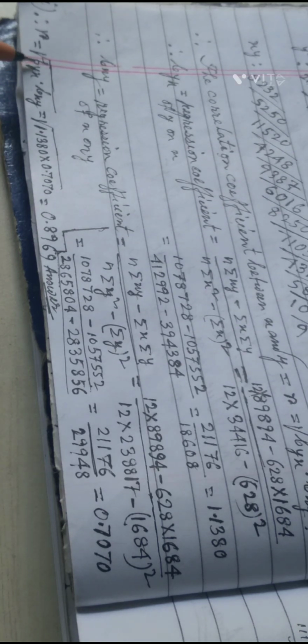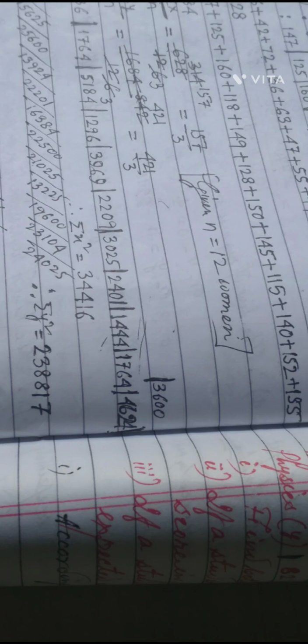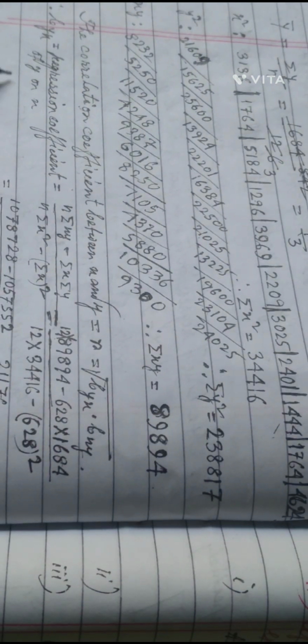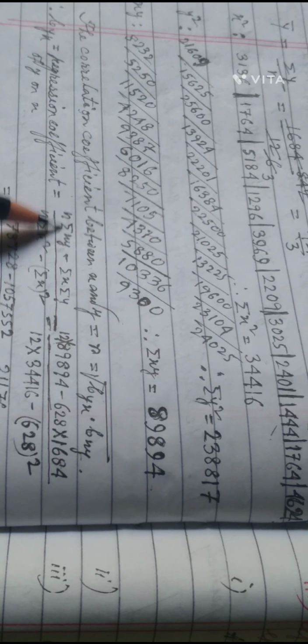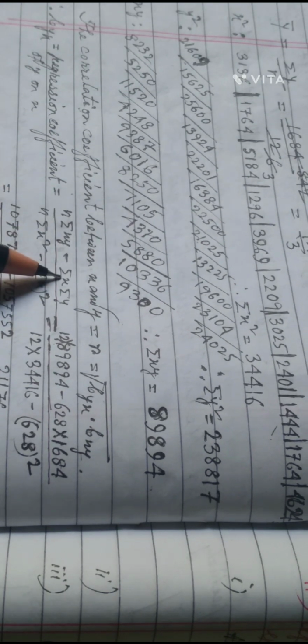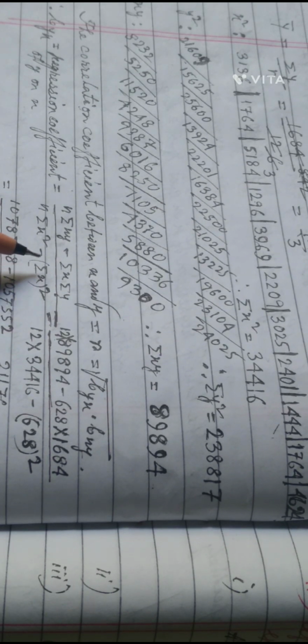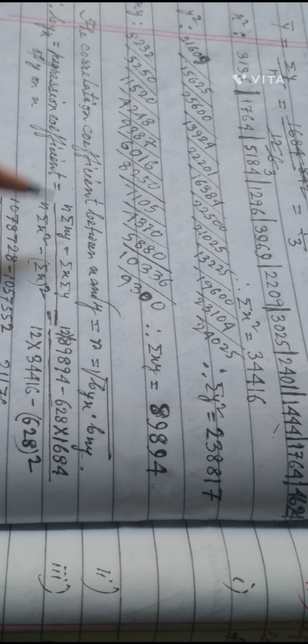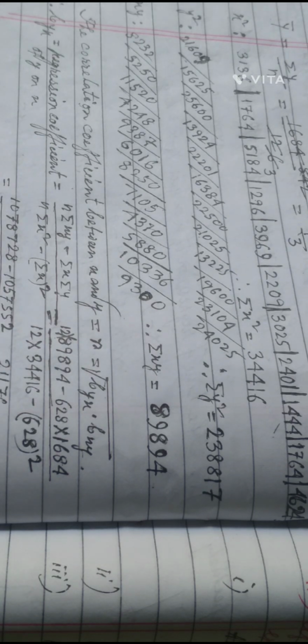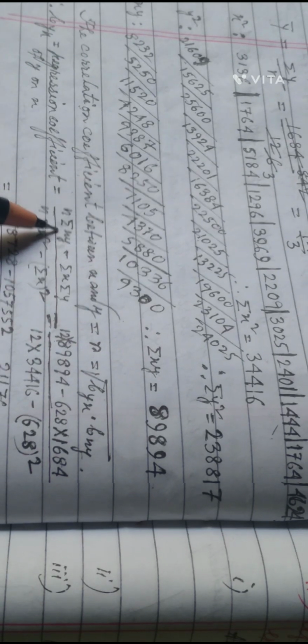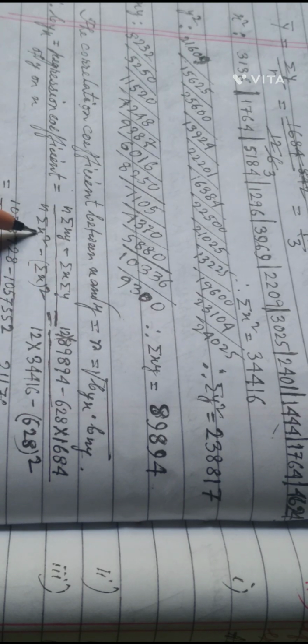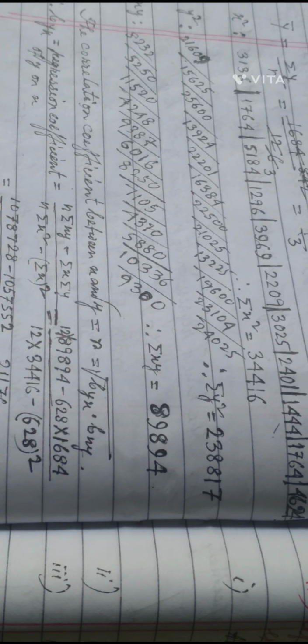Then if we want to find out the byx, we have the requirement of sigma XY, N, sigma X, sigma Y, sigma X square and sigma X whole square. Clear?